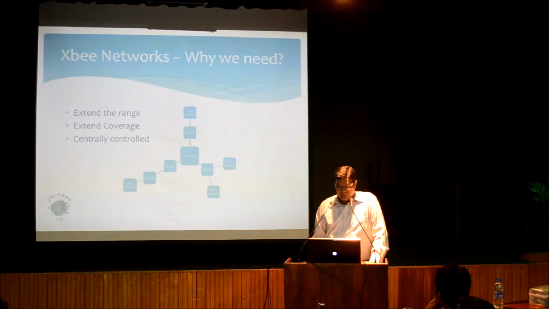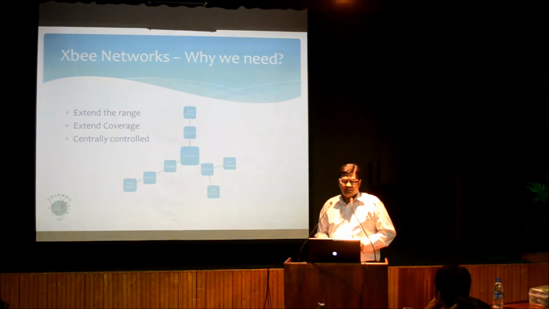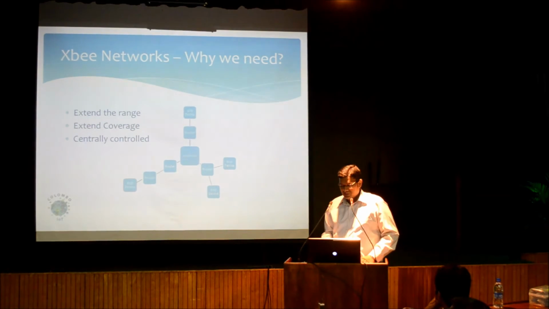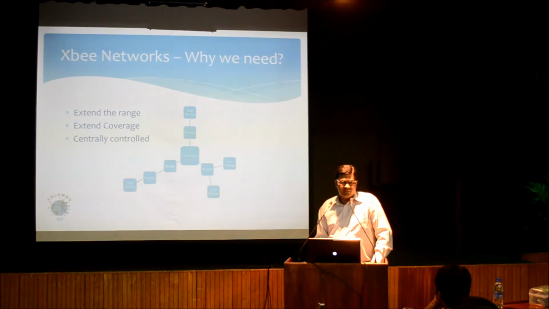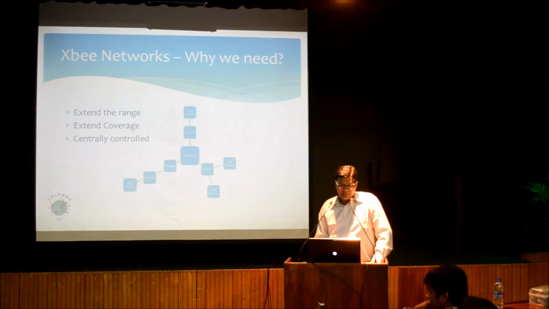Okay. So why do we need these XBee networks? It helps to extend the range of our deployment, and also enhance the coverage. You can see in this diagram, I have added two routers to one branch of the network.